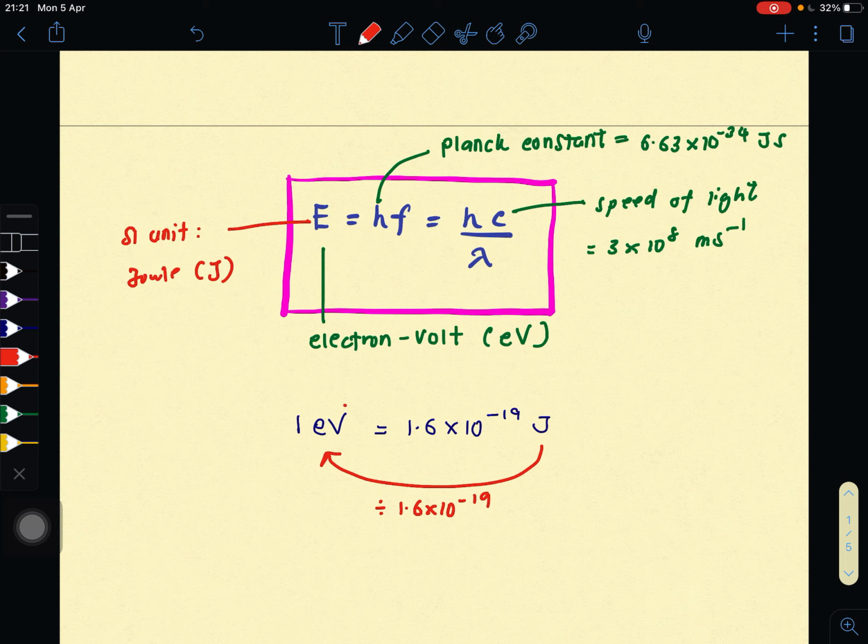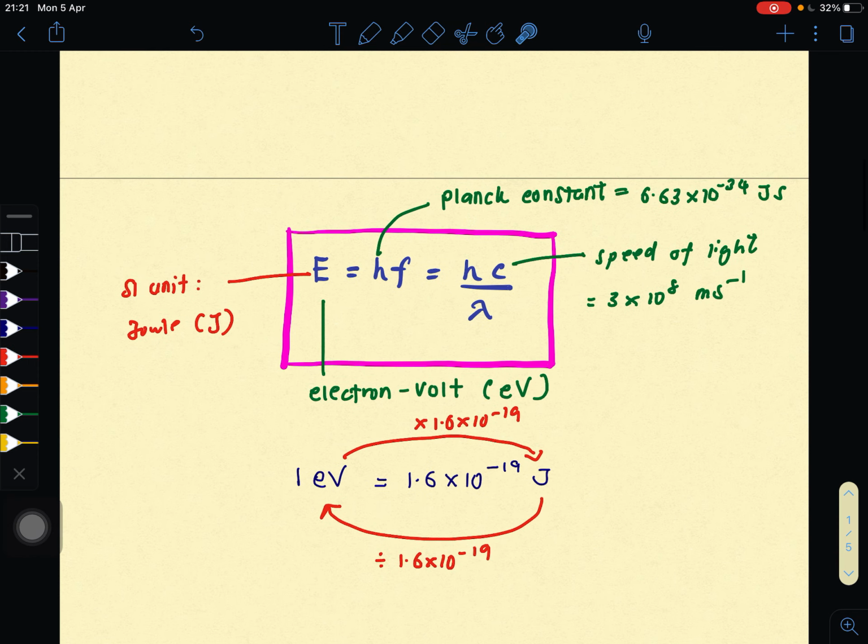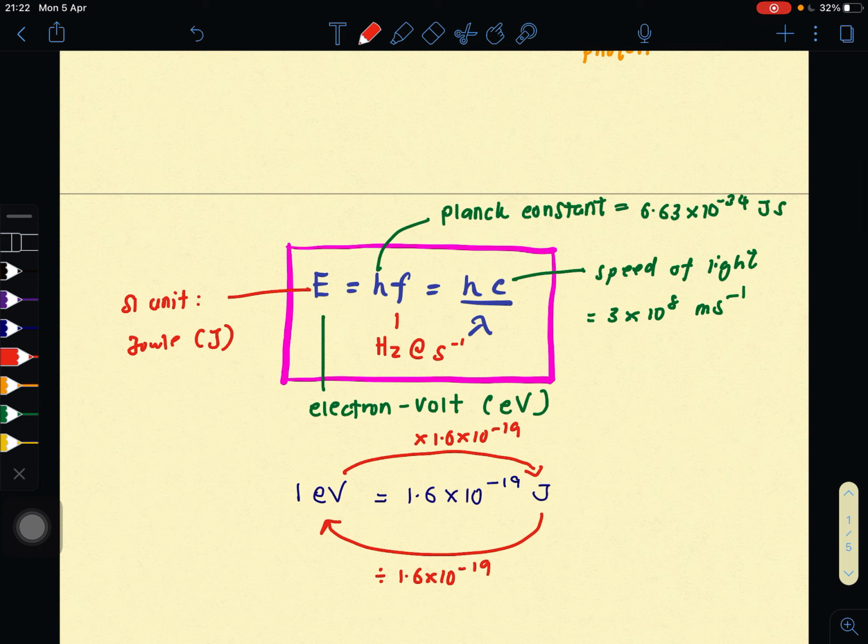If we want to convert from electron volt to joule, we multiply. It's as simple as that. And remember, if we are using this formula, our answer will be in joule first, because the Planck constant is in joule second. And frequency, as usual, has the unit hertz or per second. Okay, so we will look at examples in the next video. Okay, that's all for 9.1. Thank you.